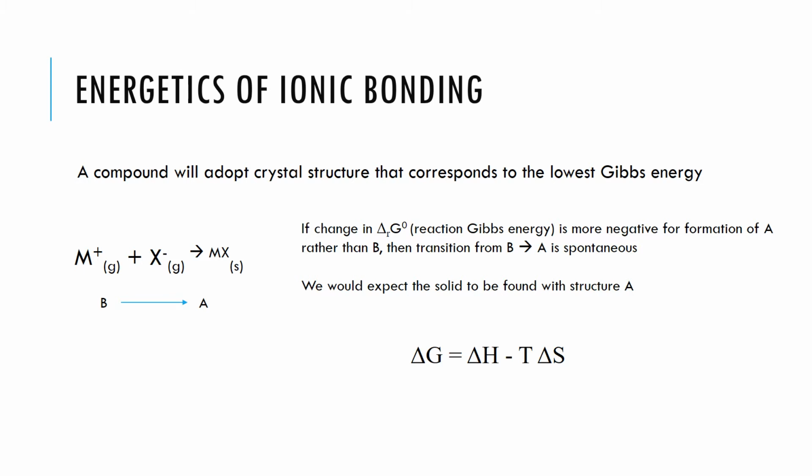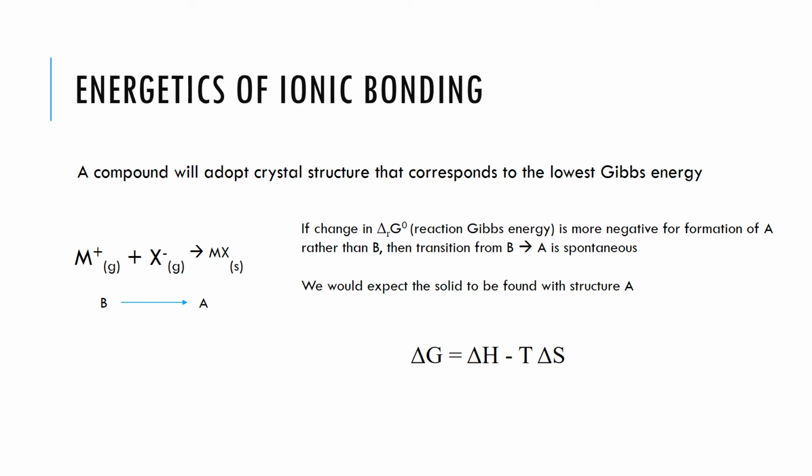Now, when we consider the change in Gibbs energy that's associated with the formation of that solid crystalline material, if the change in Gibbs energy is negative on going from those two ions in the gaseous state to the crystalline material, then we can predict that the transformation is spontaneous, i.e. it happens readily.